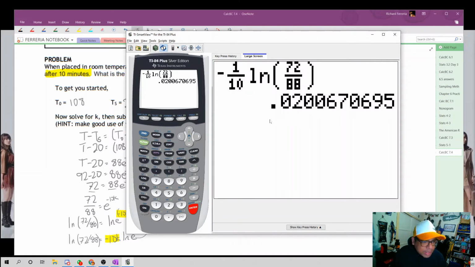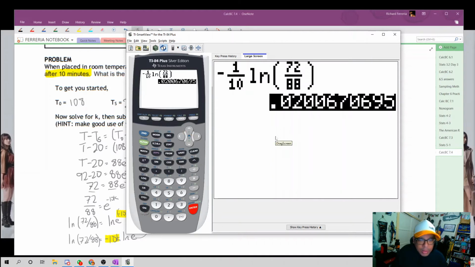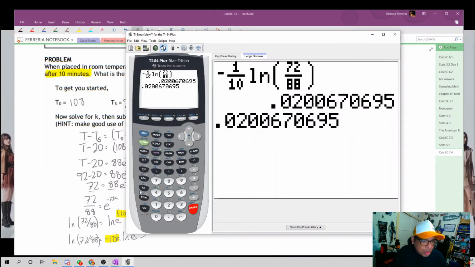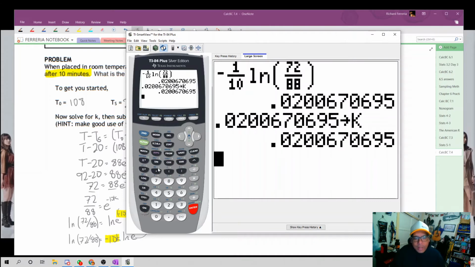So I tend to take that number, grab it and store it. The store key, of course, is north of the on key, and I like to store that as k. This way, when I use my calculator and I want to use that value of k, no problem, I'll just call up the letter k, and it'll give me the value with no rounding at all.